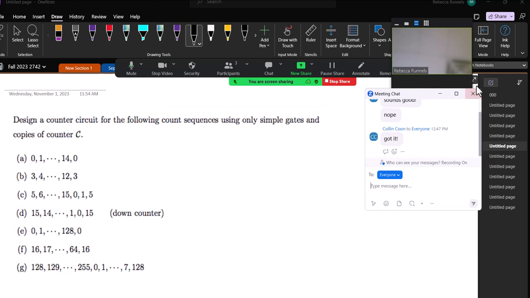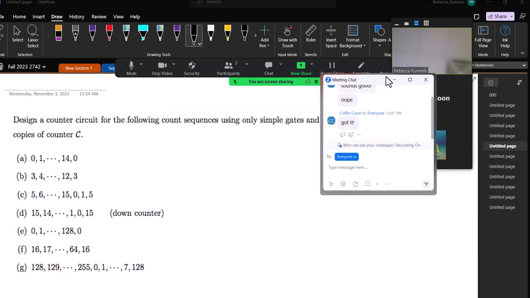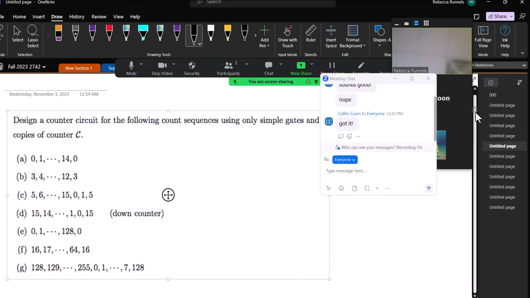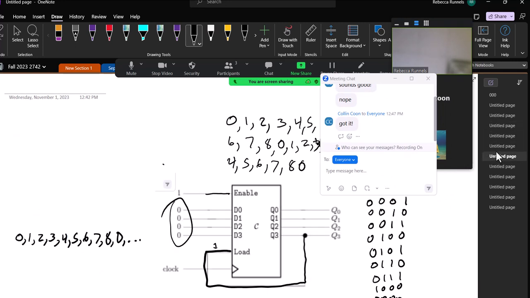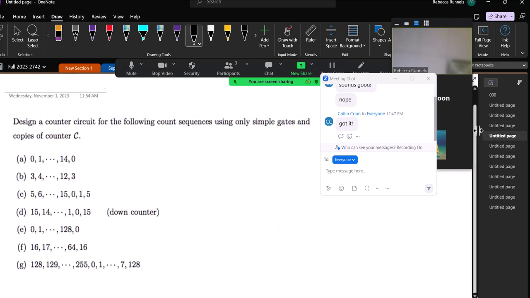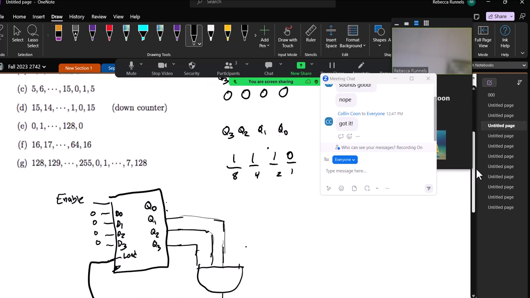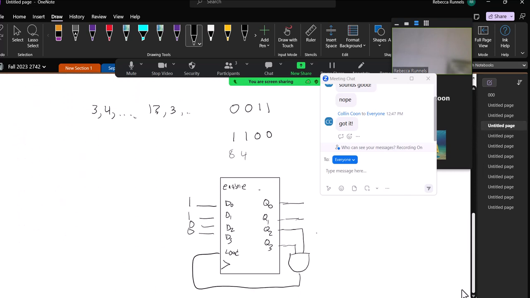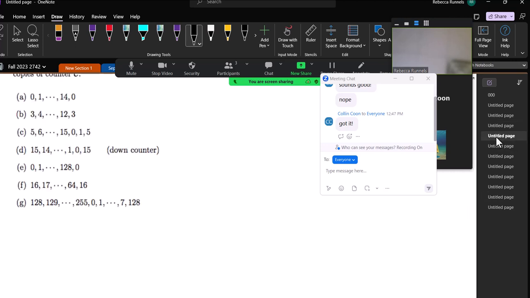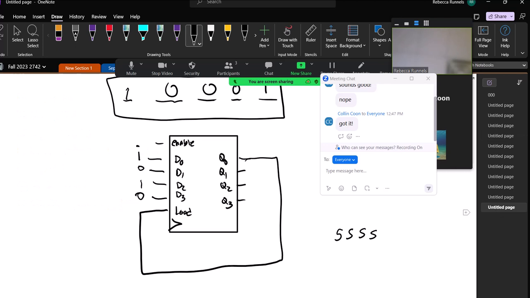Did anyone happen to notice what page I started this one? Where am I starting counting at? 5? Okay, I'll just start over. Oh no, this is it.